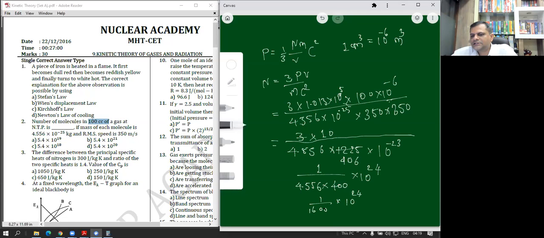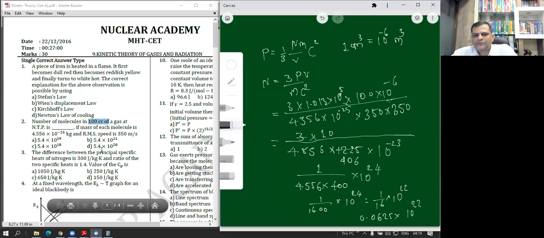But if we cancel these two zeros here, then we can say this will be 1 upon 16 into 10 raised to 22, and 1 upon 16 is nothing but 0.0625 multiplied by 10 raised to 22 gives 6.25 into 10 raised to 20. So almost, yes, 5.4 into 10 raised to 20 will be the correct answer.